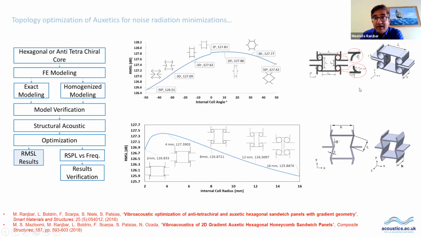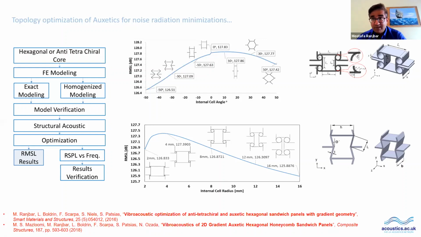And for one antitetrahedral structure, here you can see how, when we are changing the internal radius of the cylinders of the structure, you can reduce the radiated noise. This is important.